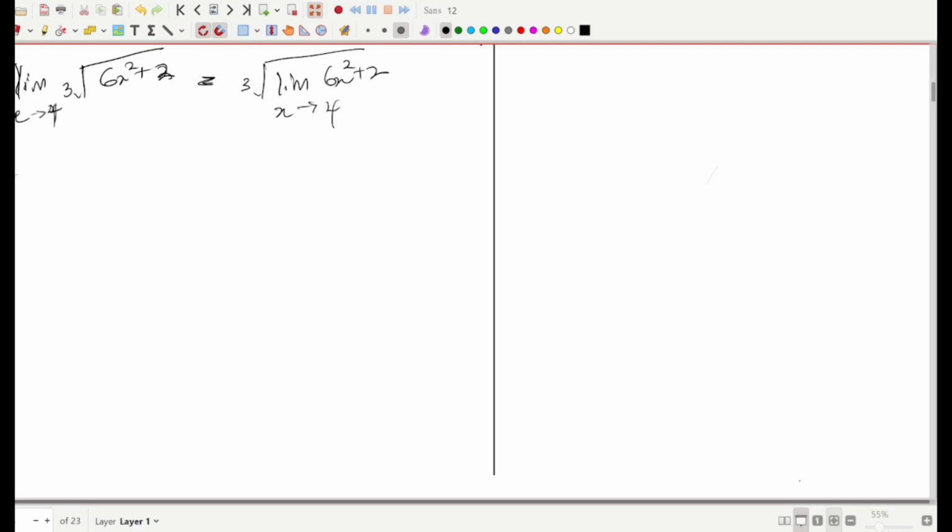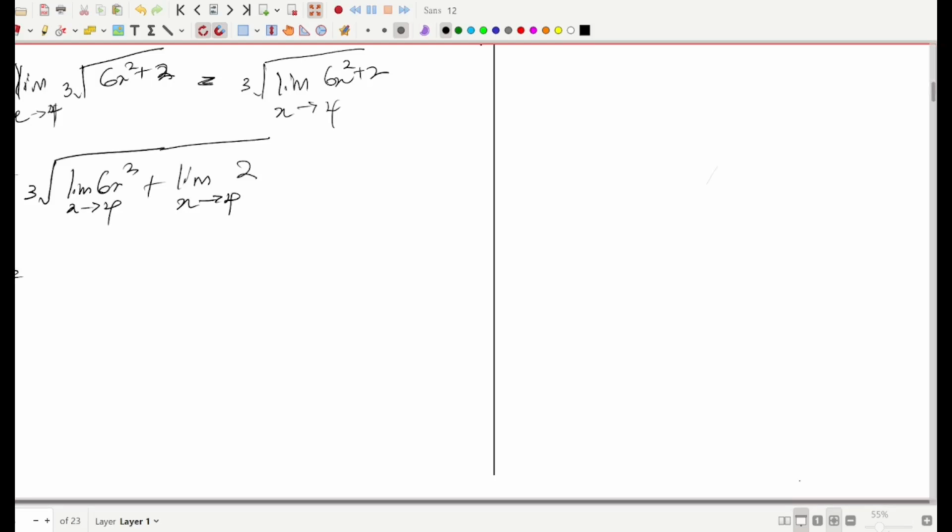We end up with what? The third root of limit of 6x squared as x approaches 4 plus, applying the sum rule within the root, the limit as x approaches 4 of 2.